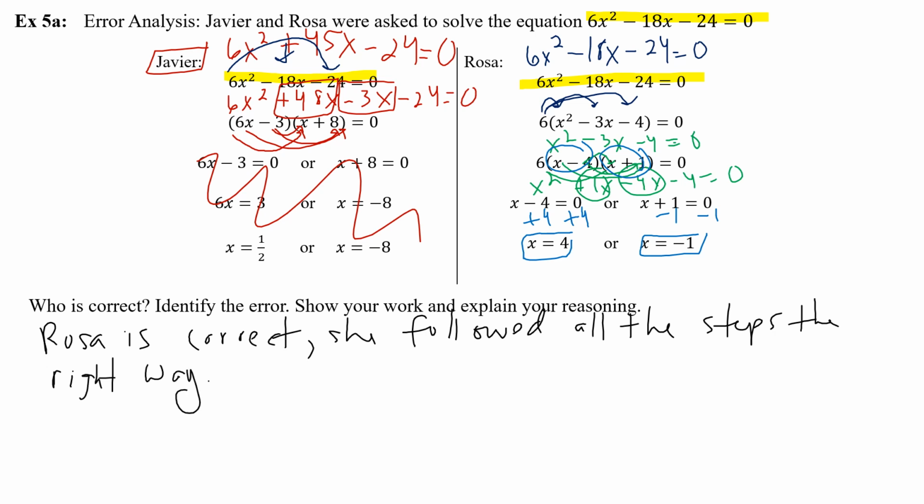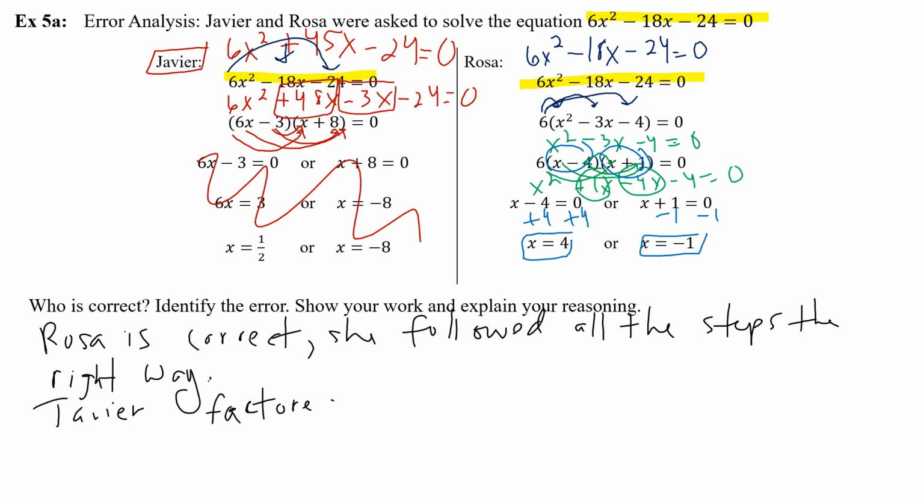Now, obviously since that's not going to be enough, I'm going to be looking at your actual work, and I expect to see exactly what I have there. So in between each line, you're checking to make sure that from one line to the next, it actually follows through. And then Javier factored incorrectly.